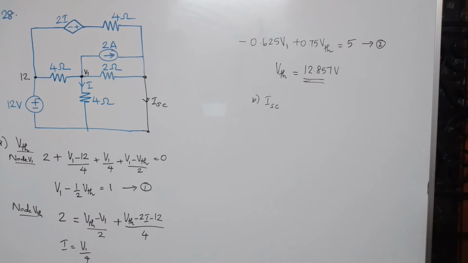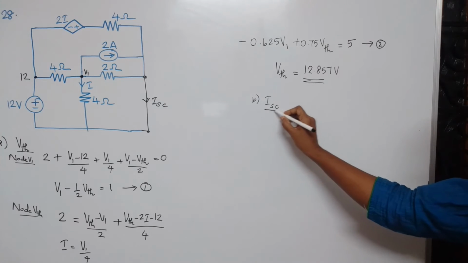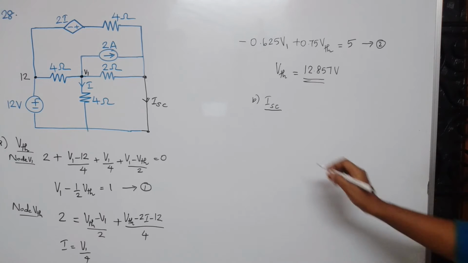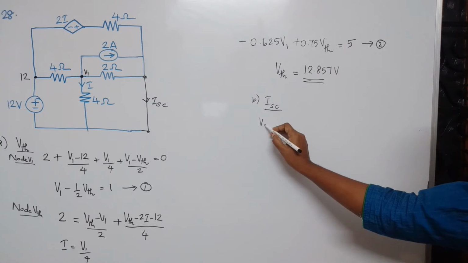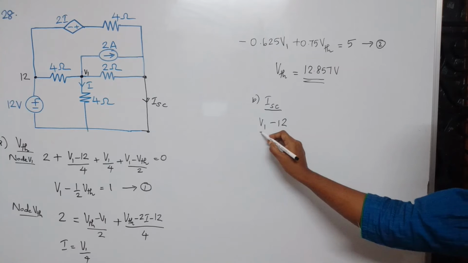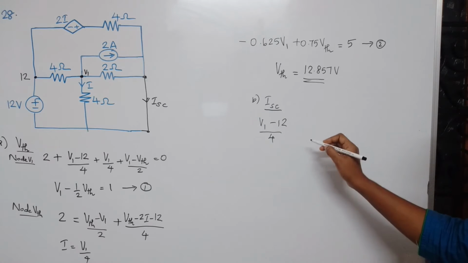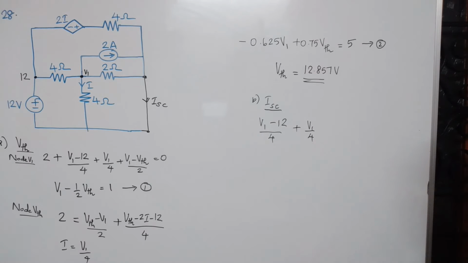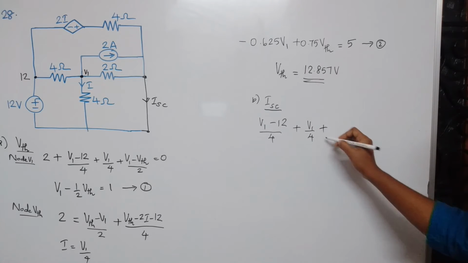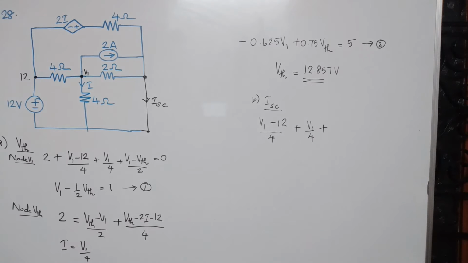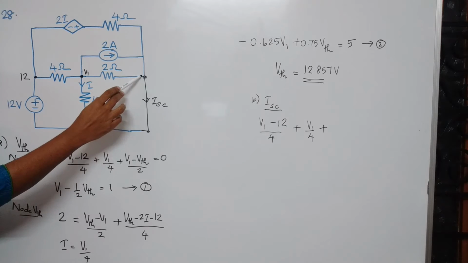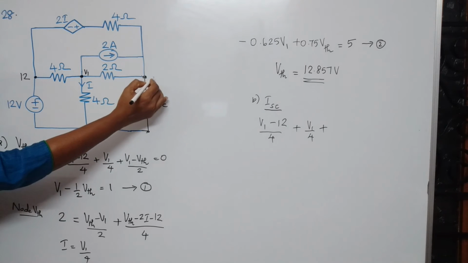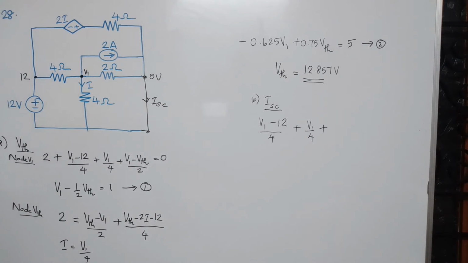So we can write the first node equation with respect to V1. The equation will be V1 minus 12 by 4 plus V1 by 4 plus, now what is the voltage at that point which were initially VTH? This voltage is connected to ground, so this voltage at this point is 0.